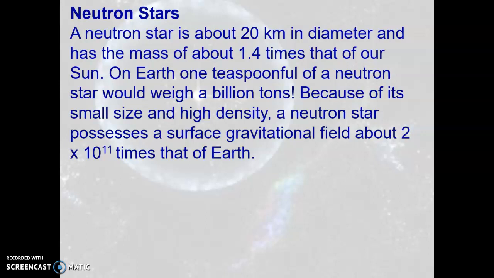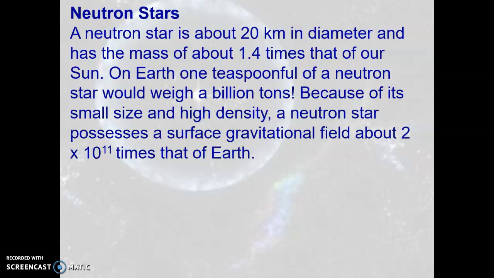To put that in another example, on Earth, one teaspoonful of a neutron star would weigh 1 billion tons. Because it's so small and high density, the neutron star has been packed so tightly that, just like it says neutron, the neutrons are bound together. You know, all that space from learning about atoms in physical science, how you have a big space between electrons and the neutron and proton.